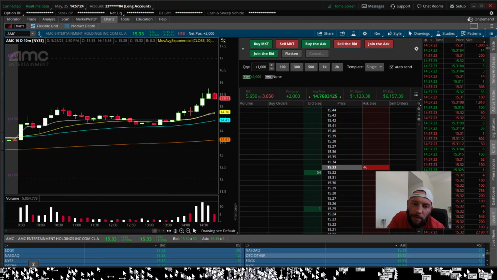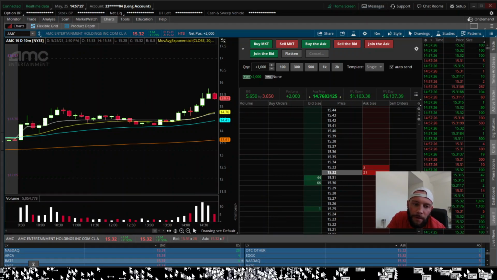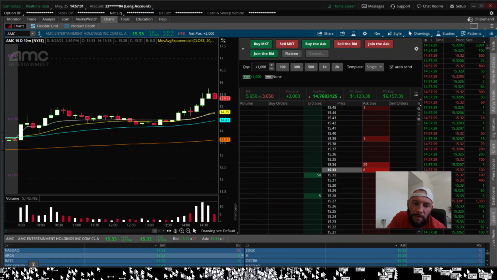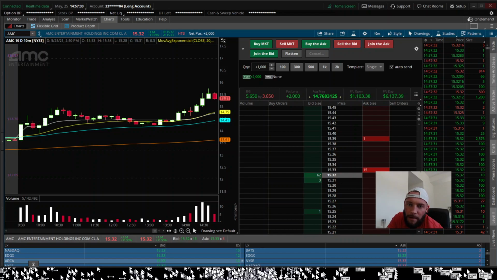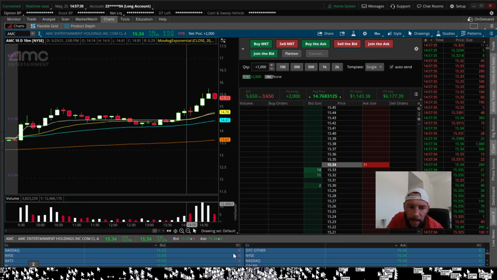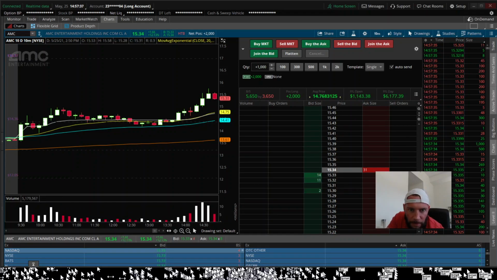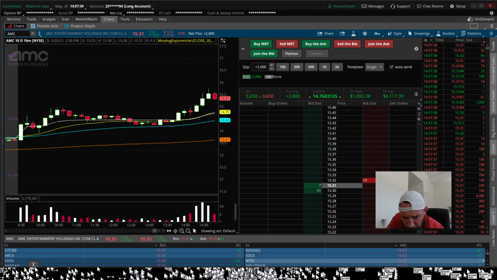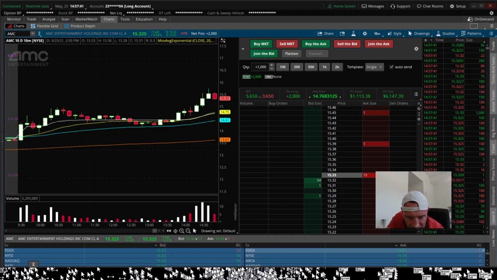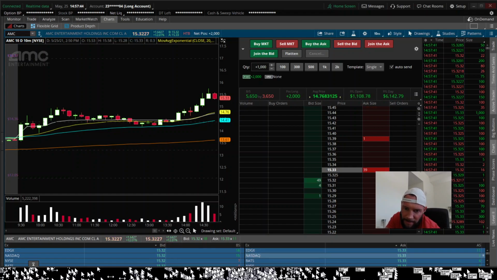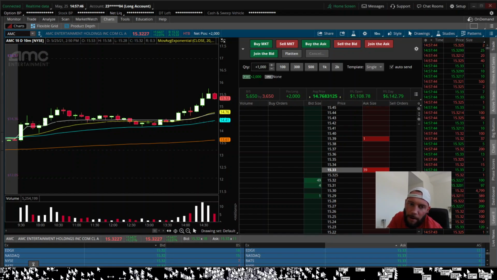Down here is something called level 2 in this blue. So your bid is on the left. These are the people saying, look, I'll give you this amount of money for AMC right now. So $15.33 if you can see it. And then the ask is on the right hand side. So you got all your sellers over here.